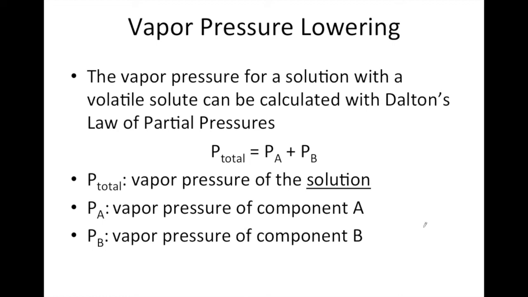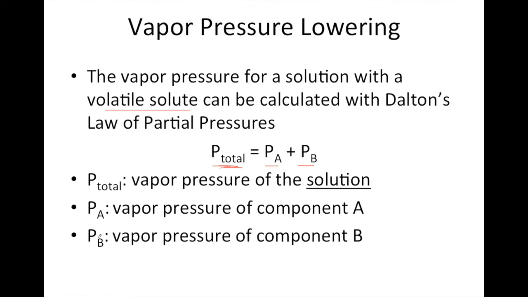So the vapor pressure for a solution containing a volatile solute can be calculated using Dalton's law of partial pressures. Dalton's law tells us that the total vapor pressure is equal to the sum of the partial pressures of each component, or the partial pressure of our solvent plus the partial pressure of the solute. So our P total, that's the vapor pressure of the solution. PA, that's the vapor pressure of component A, perhaps that's our solvent.